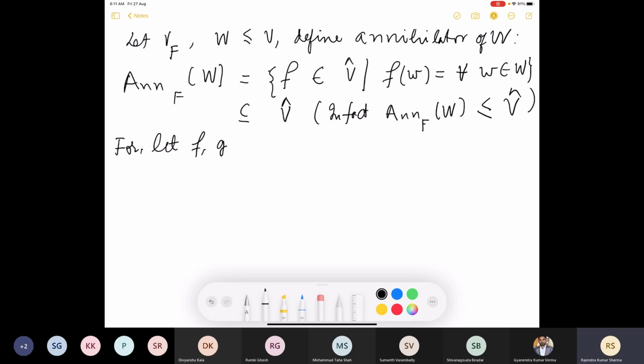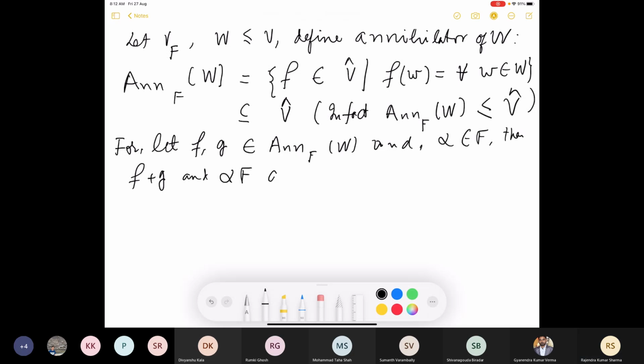So let us take f, g in the annihilator, and let us take alpha in F. Then f plus g and alpha f are vector space homomorphisms of V into F, so they are in V hat.